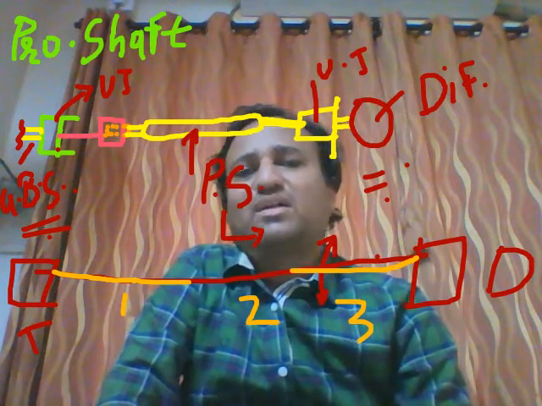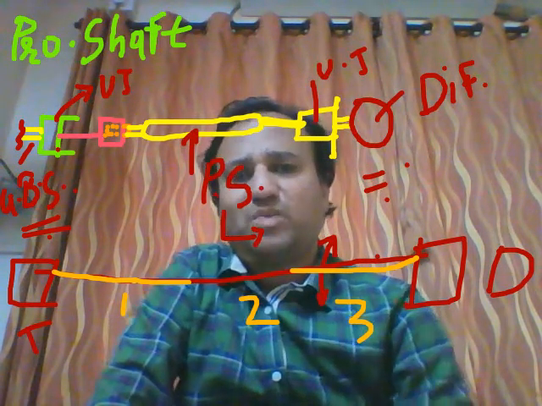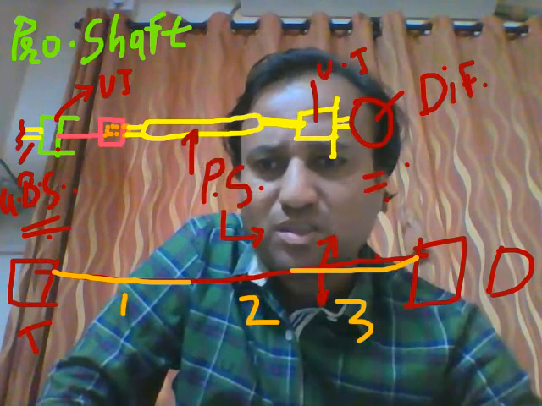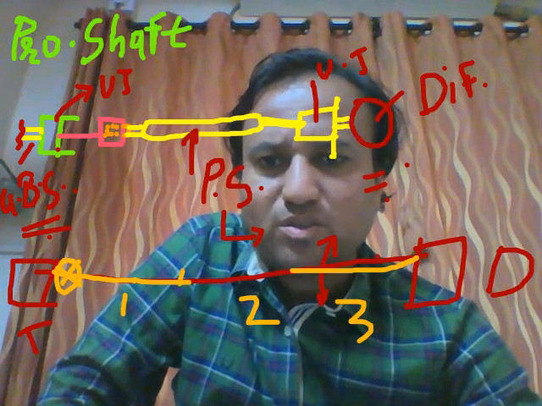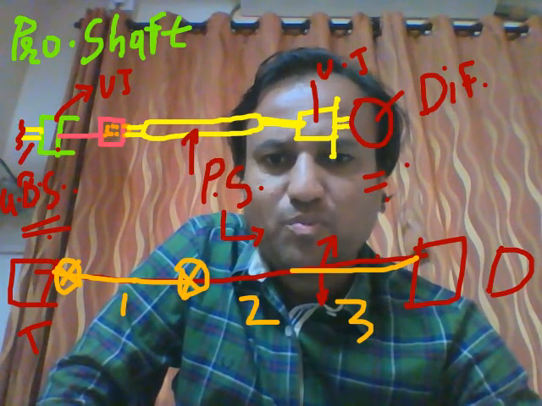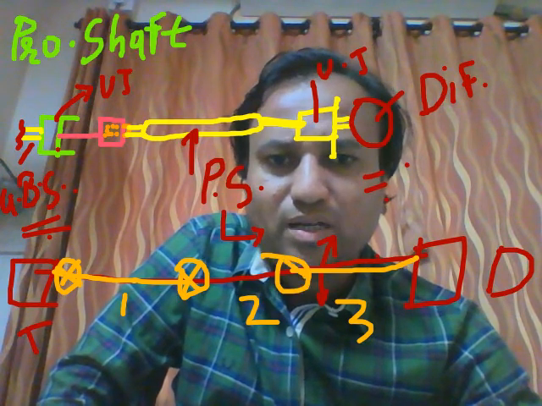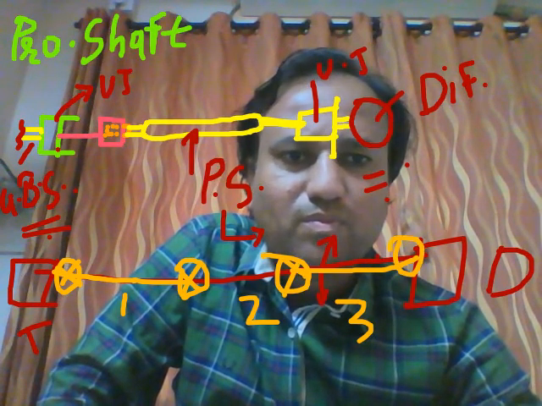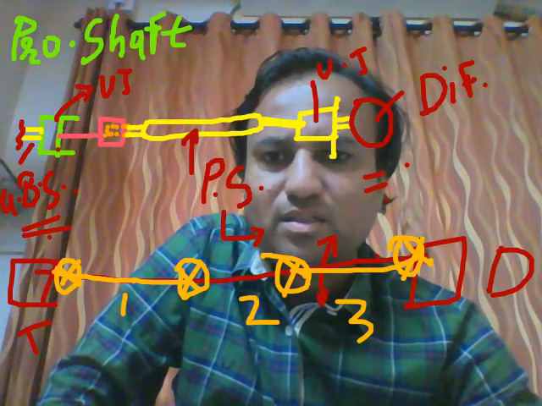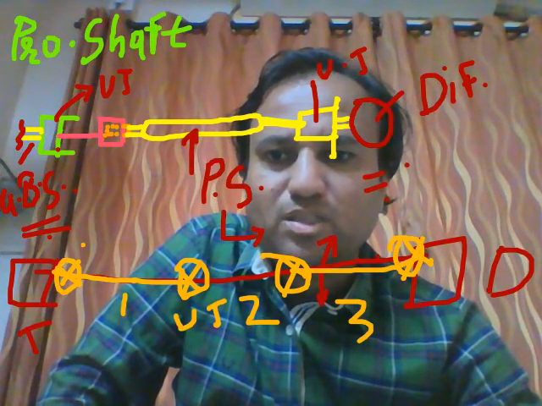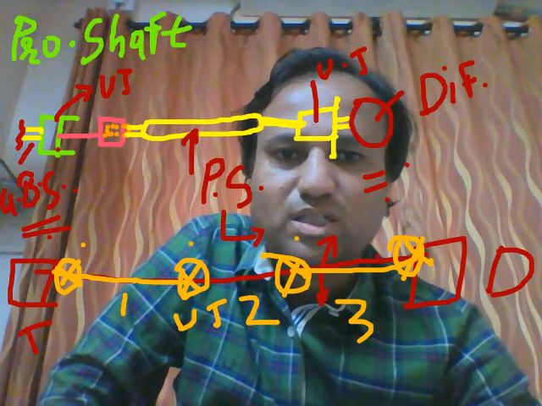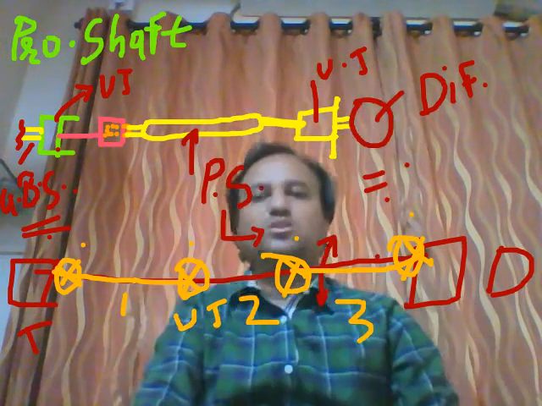In one of the categories I have discussed, suppose cargo vehicles, I will use 3 shafts. I will connect these 3 propeller shafts again via universal joints: first universal joint, second universal joint, third universal joint, fourth universal joint.